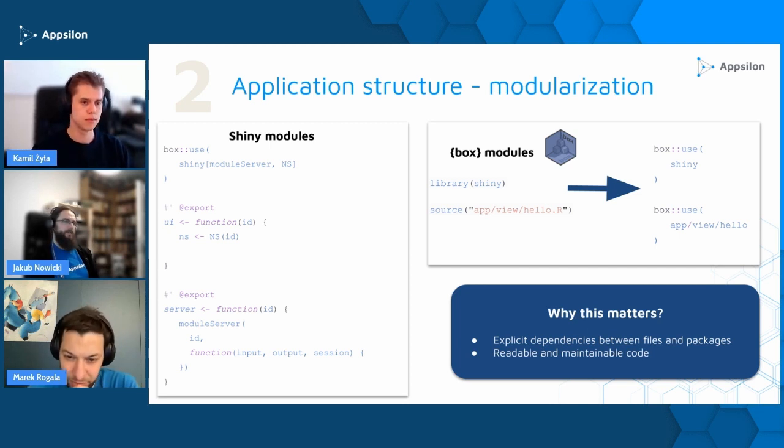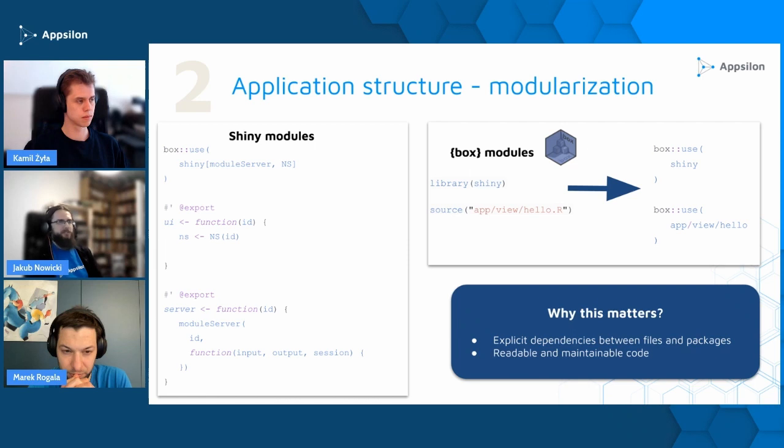If you have 20, 30 files and you use 20 different R packages, if you try using the standard way of calling that with library for packages, with source for R files, you will end up with a huge mess when someone gets to your project, or even if you get back to your project after a few months, you have no idea which function comes from which file or which package.